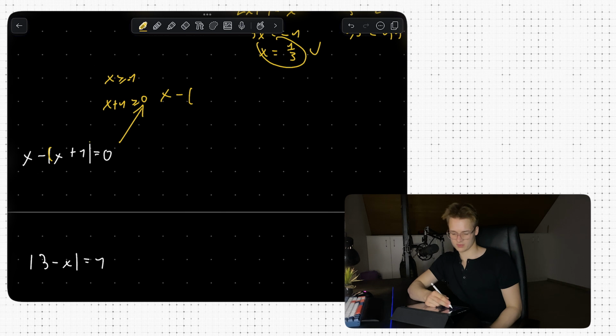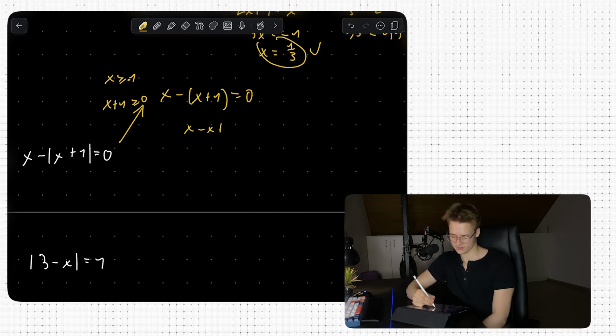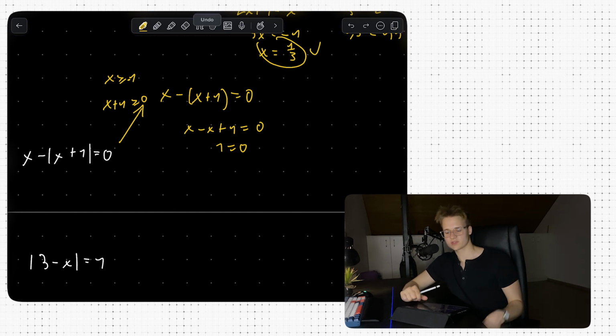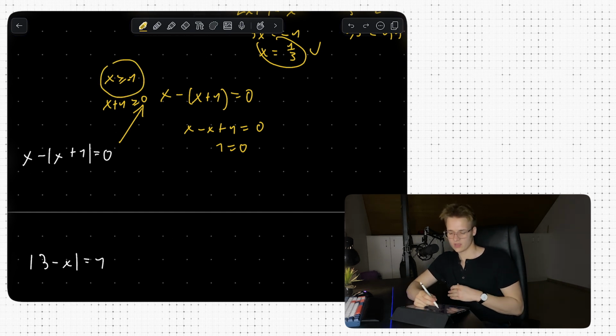So in each case you replace it with parentheses, but in one case you add a negative sign in front of it. So we would get x minus (x plus 1) equals 0, and we would get 1 equals 0. So here we got an impossible situation. So in this case, for x being greater than minus 1, there are no solutions.